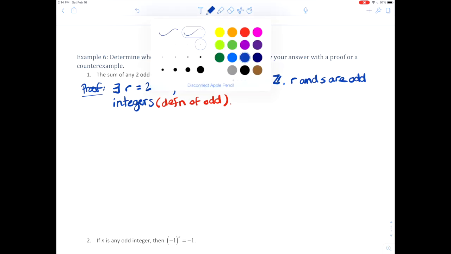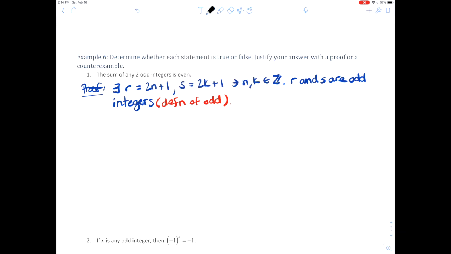So if we wanted to reword this, I would say if r and s are odd integers, then r plus s is an even integer.